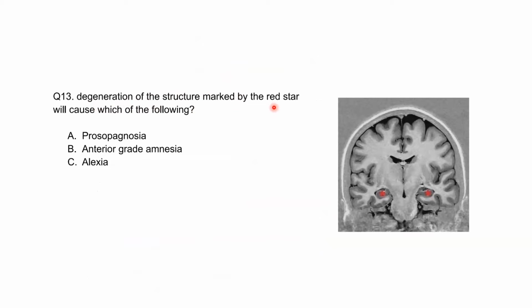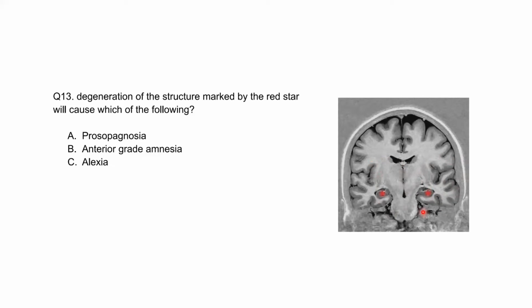If you have degeneration in the structure marked by this red star, what will you get? B? Okay, so this question is very straightforward, so I'm not going to spend too much time on it.